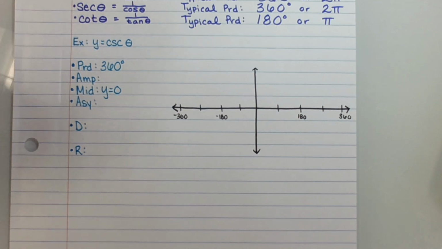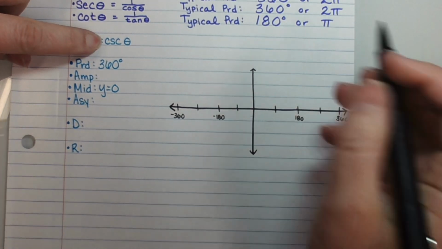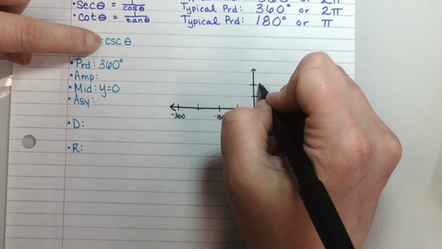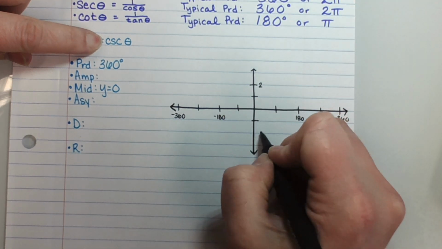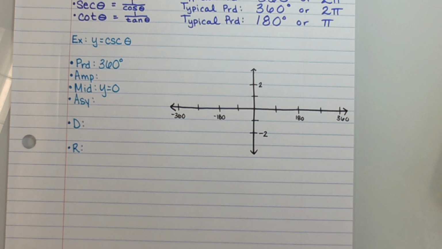Number in front is 1, double that is 2. We're going to continue to do that, regardless of what the amplitude is. We're going to take that number in front, double it, and that's how high you should go at minimum above and below our midline, which currently is still hanging out on the theta axis. We haven't moved it yet.